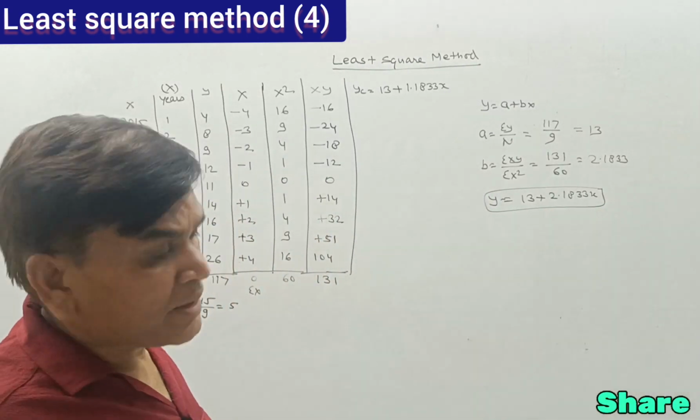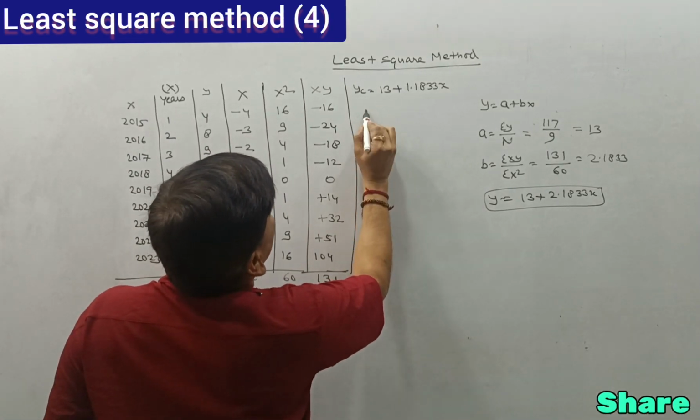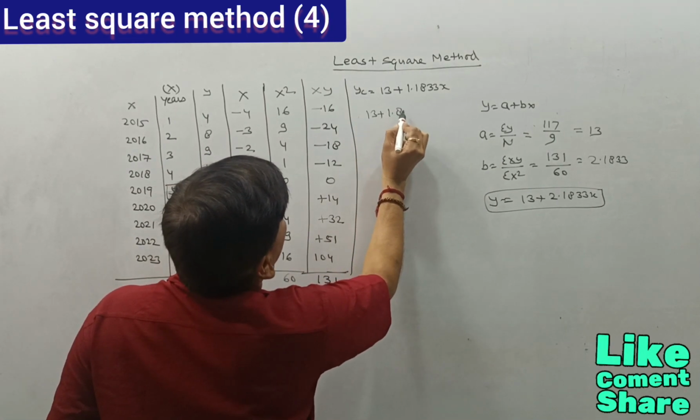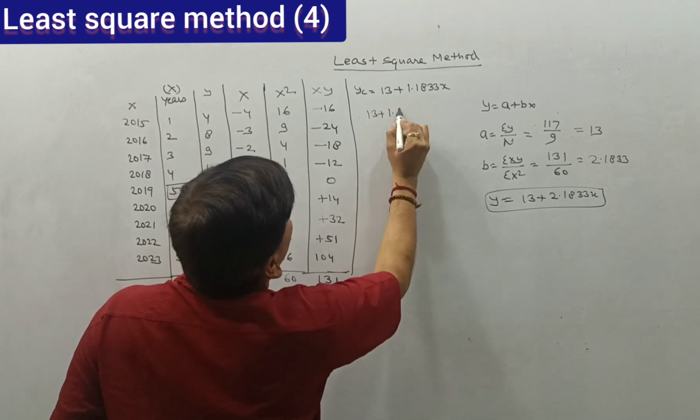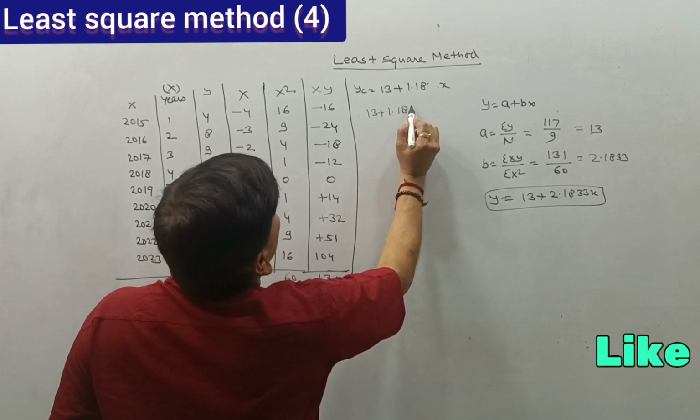So the first one is 13 plus 2.18 multiplied by minus 4.